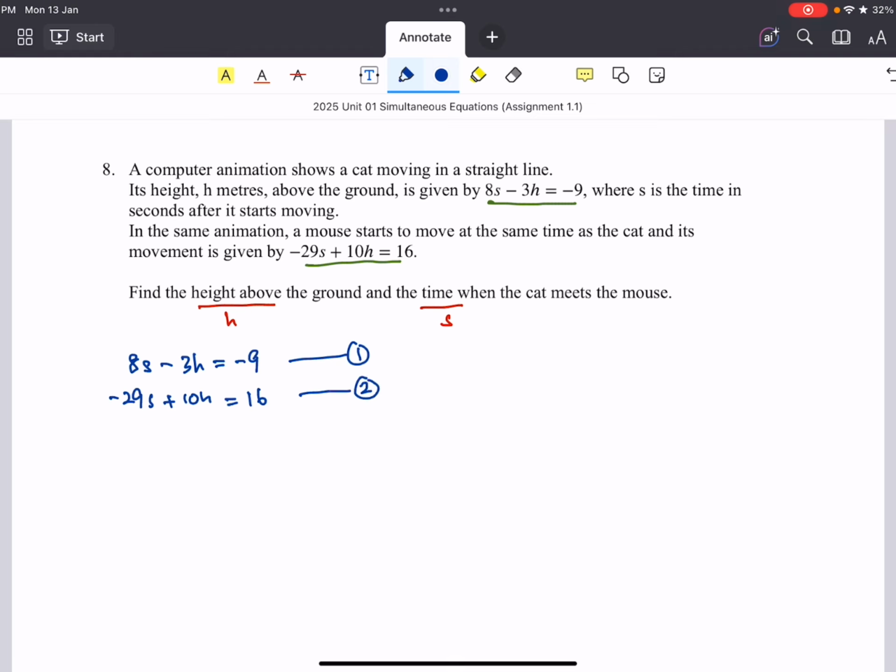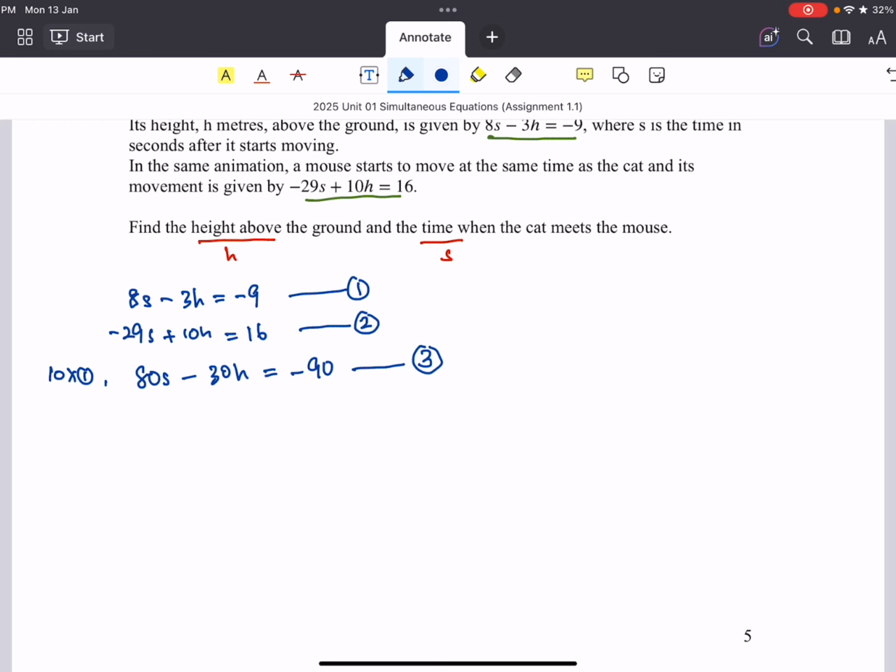You can use the substitution method or the elimination method. As long as you do it correctly, you will get the same solution. So in this case, let's try elimination. Let's eliminate the h, right? So I can go 10 times equation 1. That will give us 80s minus 30h equals negative 90. I'm going to call this equation 3.